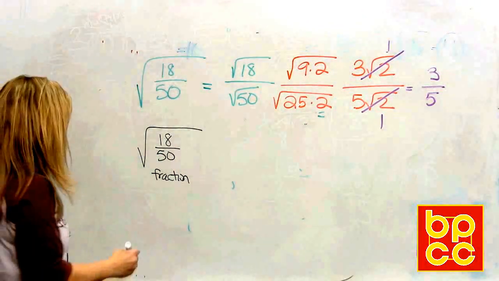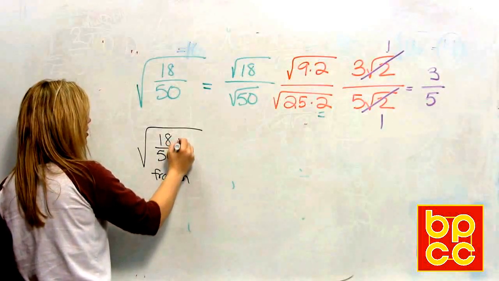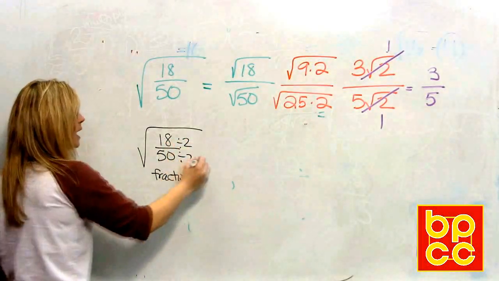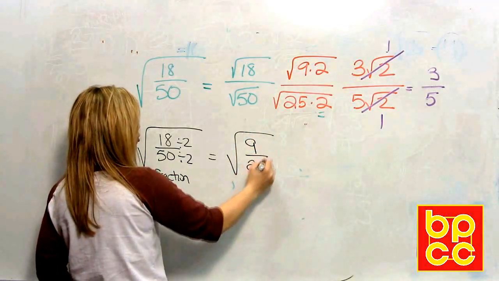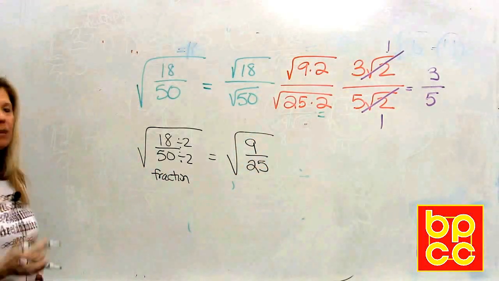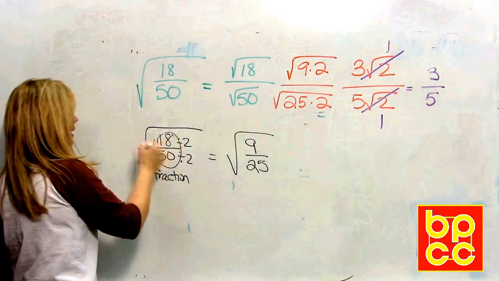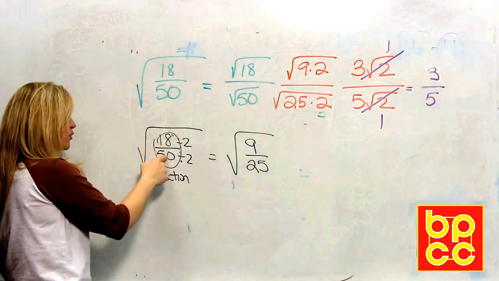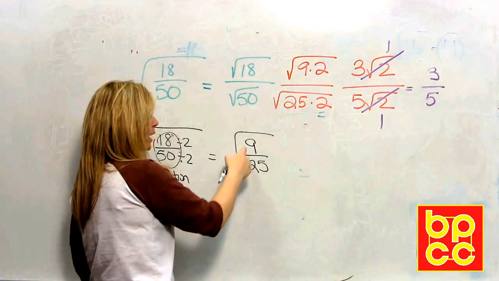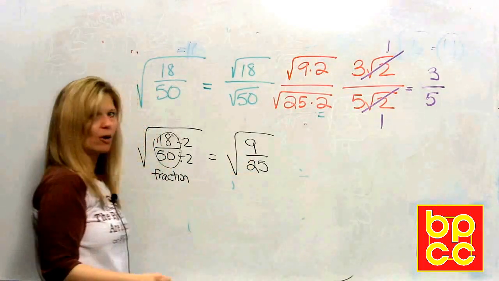Let's reduce this fraction. We could divide both of these numbers by 2. And that would give us the square root of 9 over 25. So because there's a fraction inside a root symbol, we're just following rules where we can reduce this fraction. Now, it's reduced. It's in lowest terms, 9 over 25.